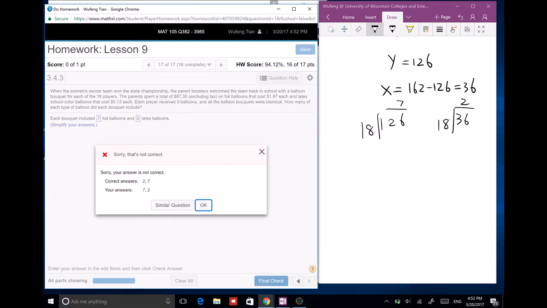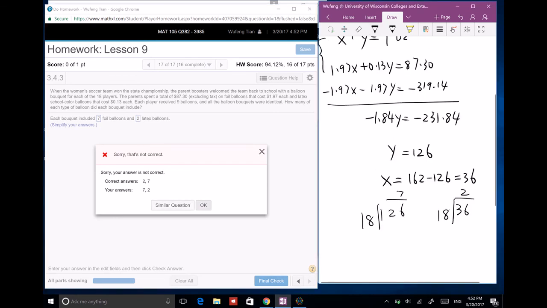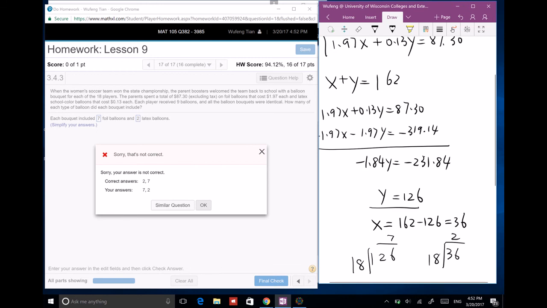Okay, it's 2 and 7. I think I've mixed up. So the answer is going to be 2 and 7. Oh, y is 126, so latex balloons are 7, and the foil, I thought x equals 2. My bad. X equals 2 and y equals 7, so it's 2 and 7.